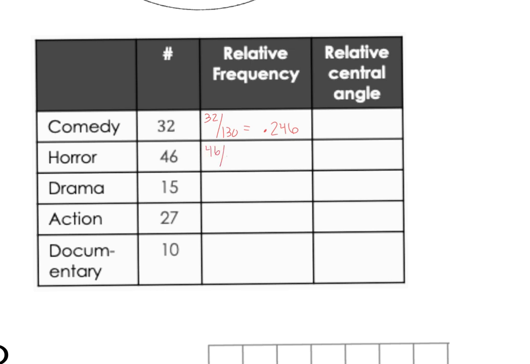But 46 divided by 130 is 0.354. 15 divided by 130 is 0.115. 27 divided by 130 is 0.208. And then 10 divided by 130 is 0.077.